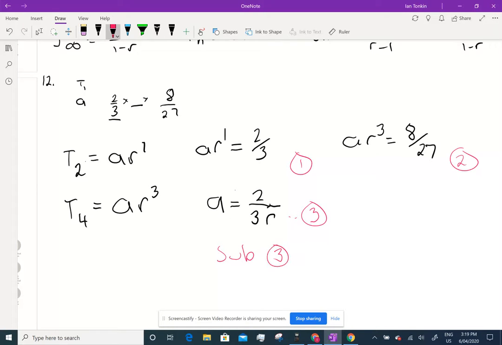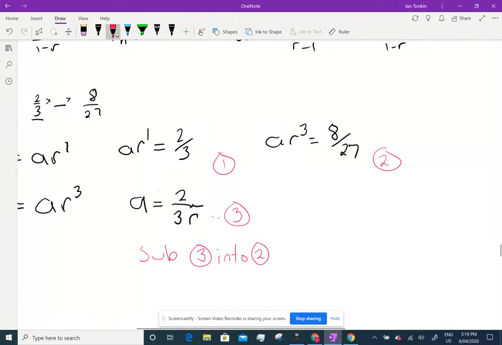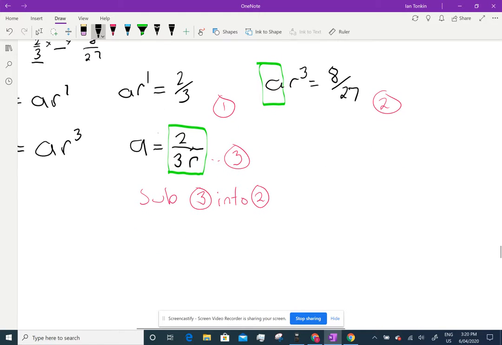I'm going to sub 3 into equation number 2. So where there is an a, I'm going to put this. And watch what happens. So therefore, I get 2/3 on r times r cubed equals 8 on 27.